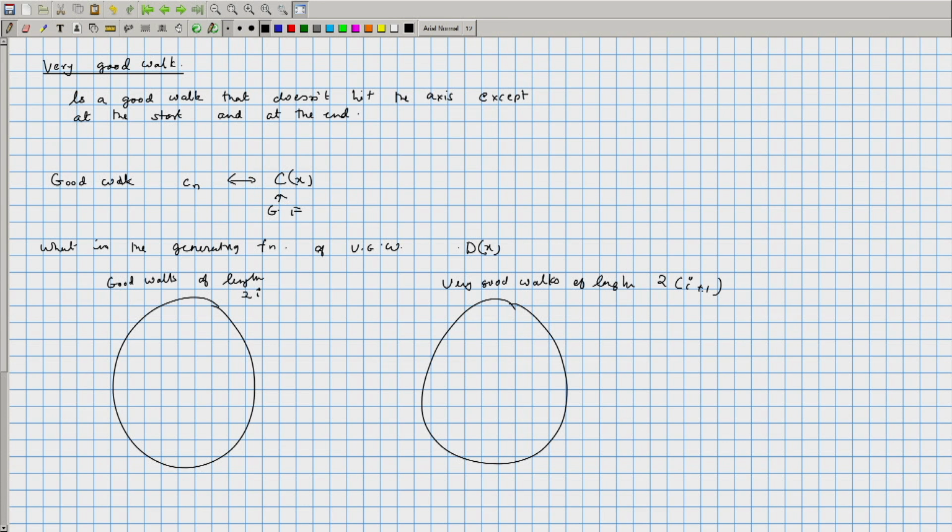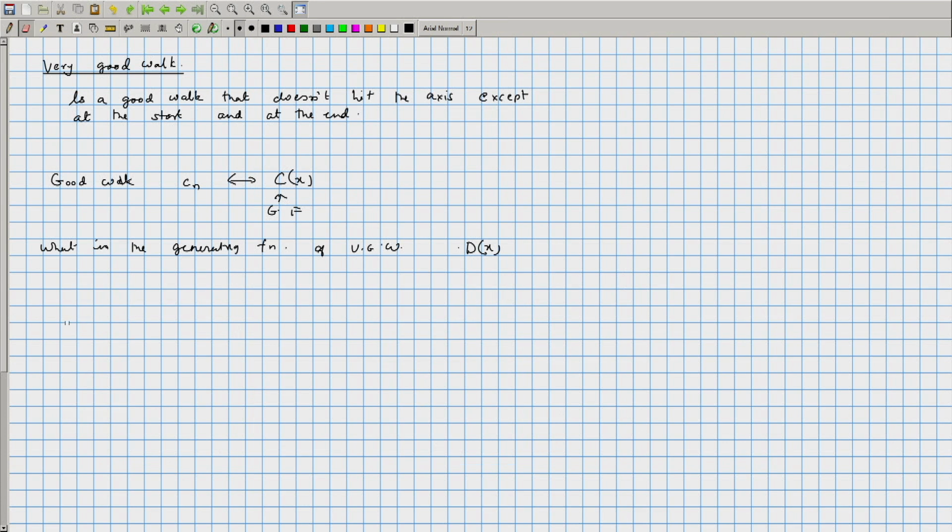What we will do, in order to compute this, is show that the number of good walks of length 2 times i minus 1 is equal to the number of very good walks of length 2i. Okay, why is this so?